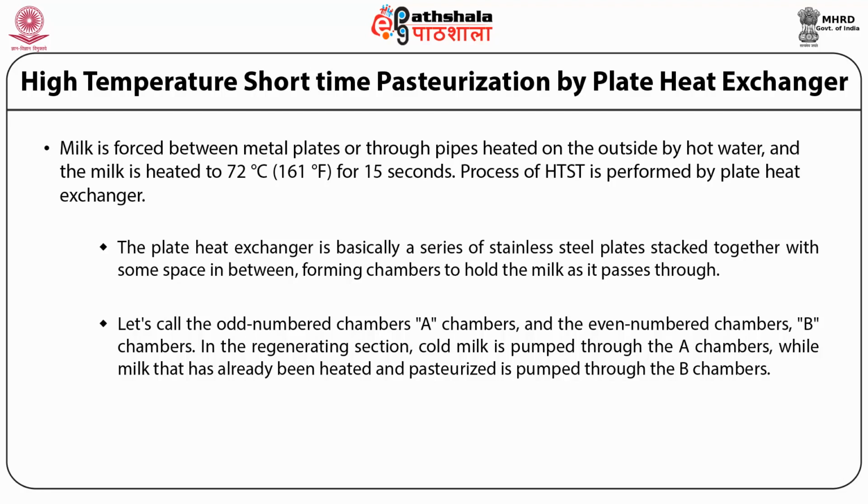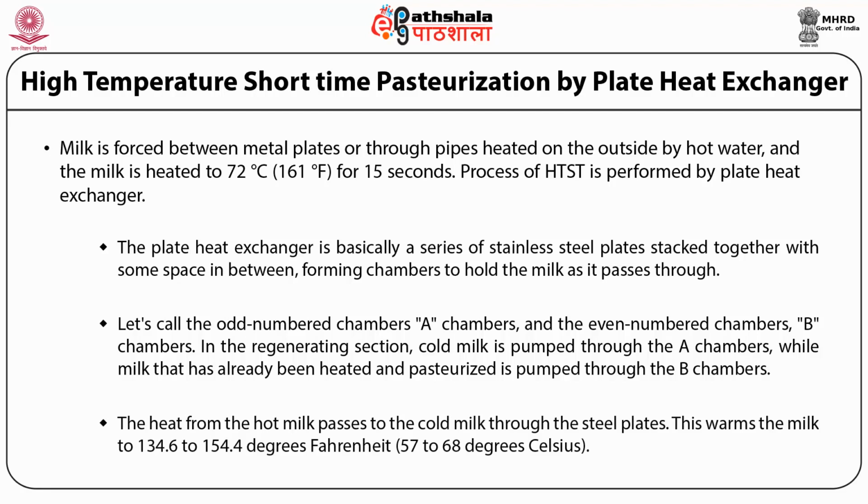We can say chamber A and chamber B. In the regenerating section, cold milk is pumped through chamber A, while milk that has already been heated and pasteurized is pumped through chamber B. The heat from the hot milk passes to the cold milk through convection and conduction of heat through steel plates. The cold milk is warmed through the warmth transfer of hot milk.